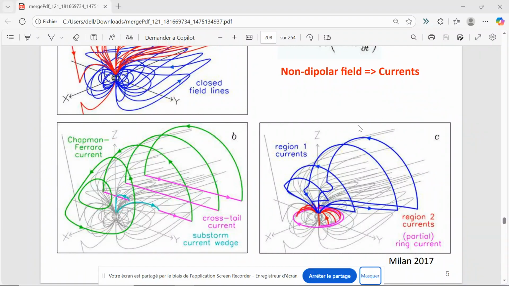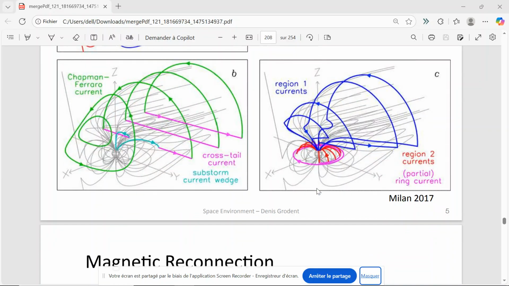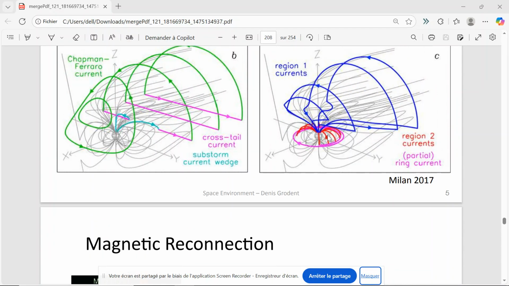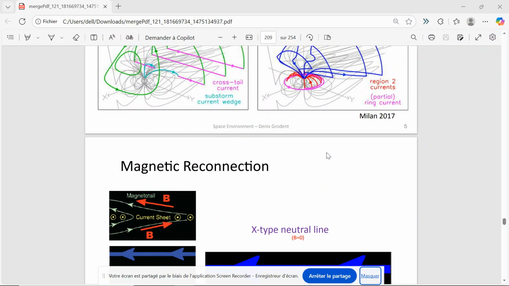This is very difficult physics that happens right here. The ring current, a well-known one, will induce some aurora. Yes, as you can see here, some particles are allowed to enter the low atmosphere.